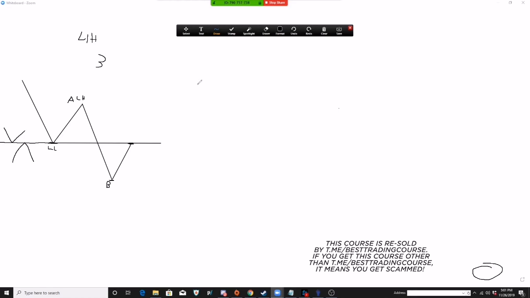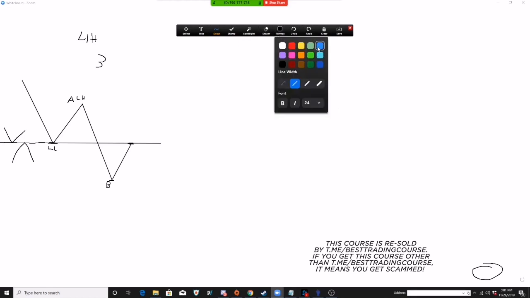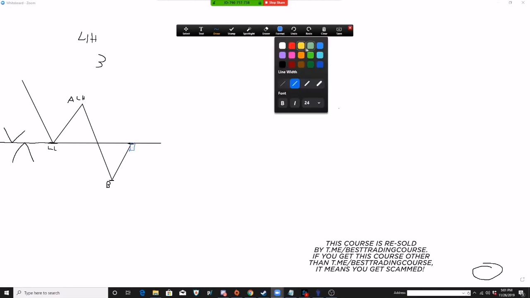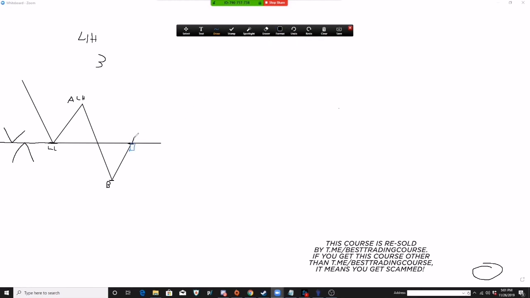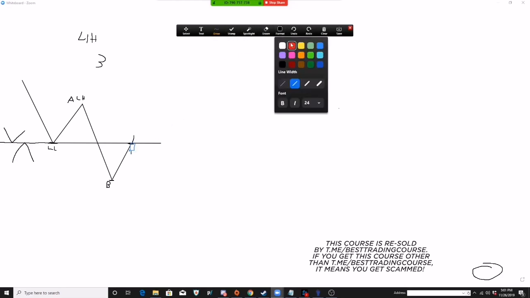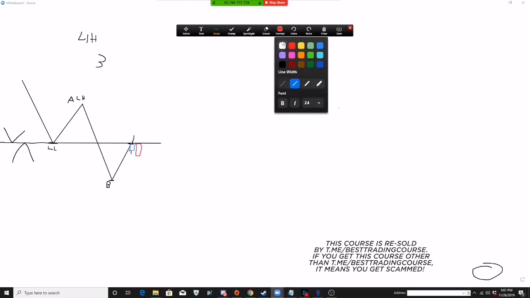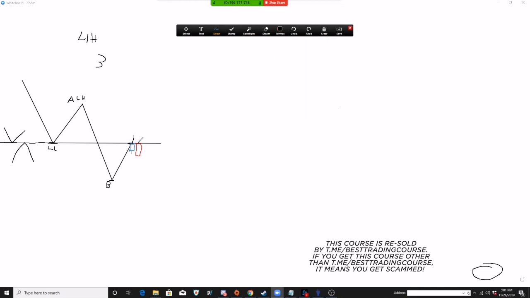Now all we're looking for is, let's say there's a bullish candlestick here with a really big wick towards the top. Then we're looking for a bearish engulfing, which I'm just going to draw there, where price closes under the previous low of that wick.